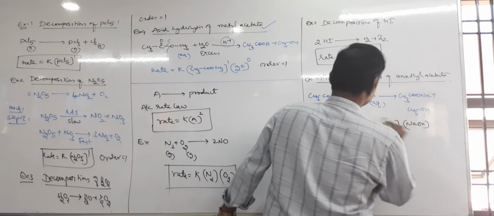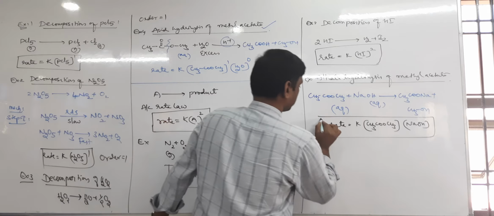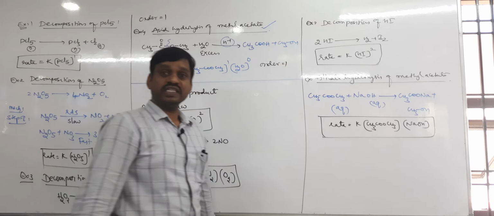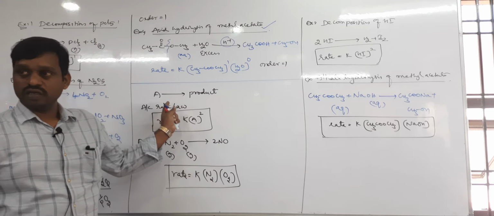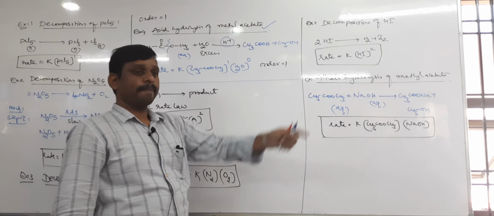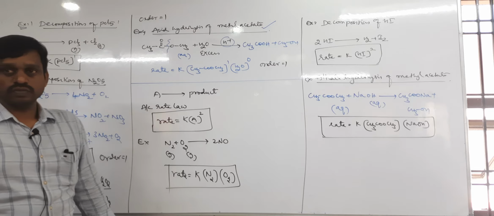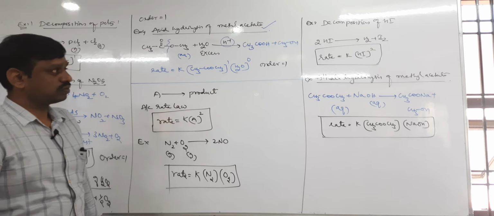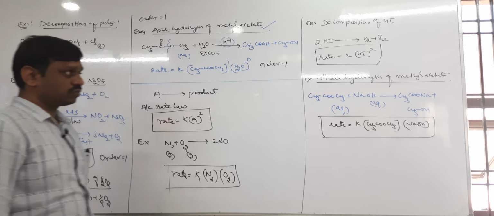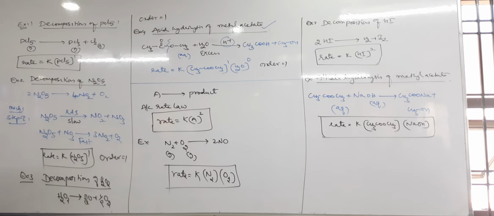NaOH, both. So therefore, acid hydrolysis is a first order reaction, alkali hydrolysis is a second order reaction. Next, third order reaction.